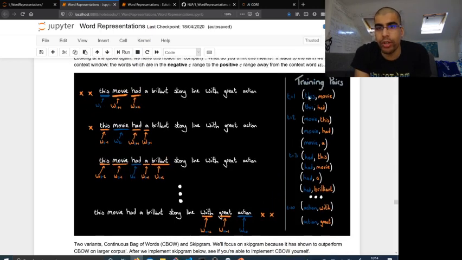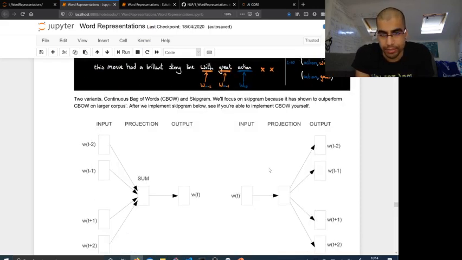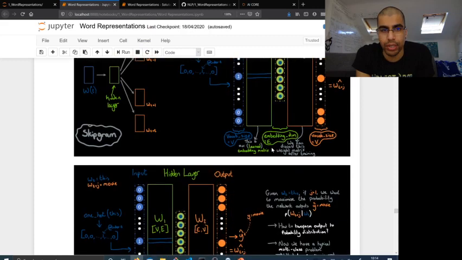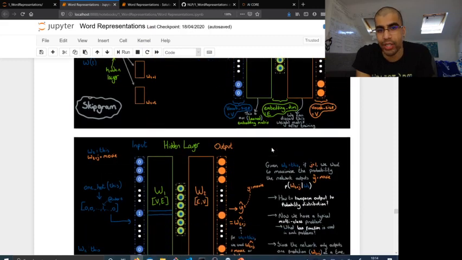For the word this, we train it against movie if that's the current training pair, and if we're currently considering the word had, we train it against the word had. Mathematically, the losses will become the same, whichever strategy you choose.